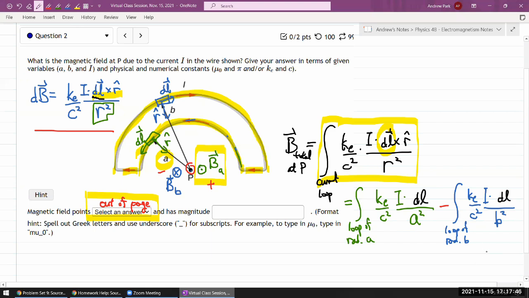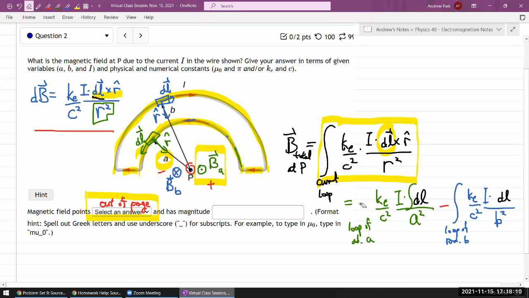And this is the final piece here. As you look at this integrand, I hope you see that everything here is constant. Current is constant, distance is constant. So what this integral really applies to is this dl around the loop.